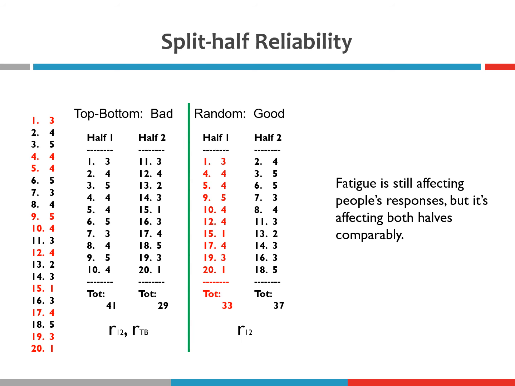The effects of fatigue are evenly distributed for both halves of the questions. If at that point we get a strong correlation between half one and half two, then that should give us a good indication that our scale, or the questions on our questionnaire, are highly consistent, right?